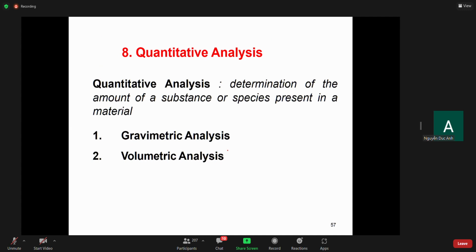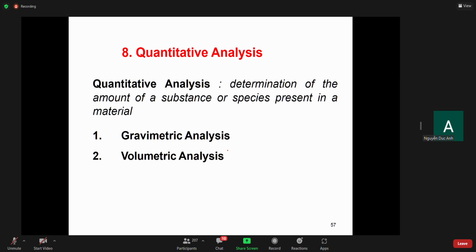So let's go to the last part, quantitative analysis. Quantitative analysis is the simplest technique and the first technique students of chemistry have to become familiar with. The names look quite simple, right?